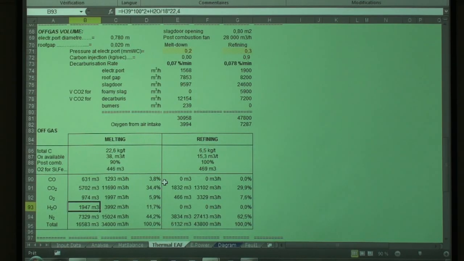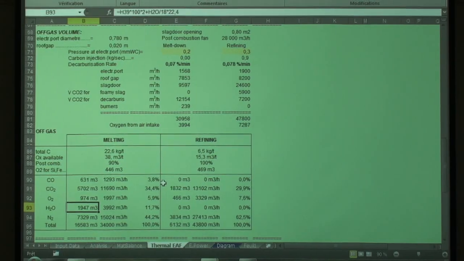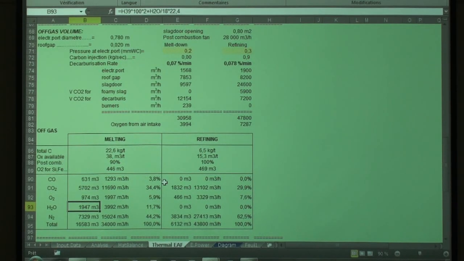Above 800 degrees, yeah? So, in fact, you inject more oxygen, but you burn iron, and you need more carbon.